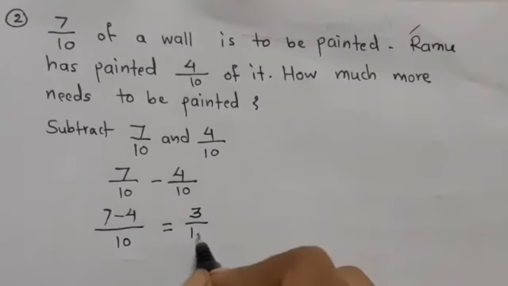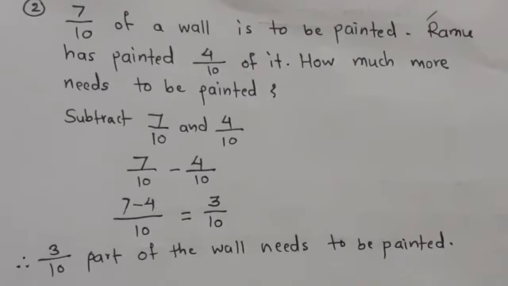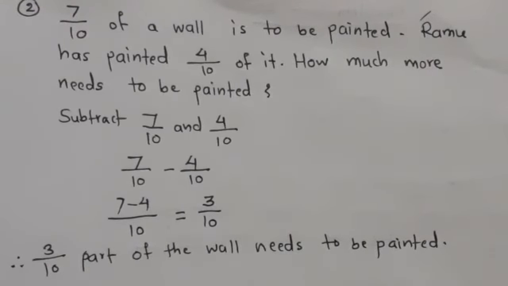And write 10 in the denominator's place. So, 3 by 10, this part needs to be painted. Hence, 3 upon 10 part of the wall needs to be painted. Children, remaining sums you can solve on your own.